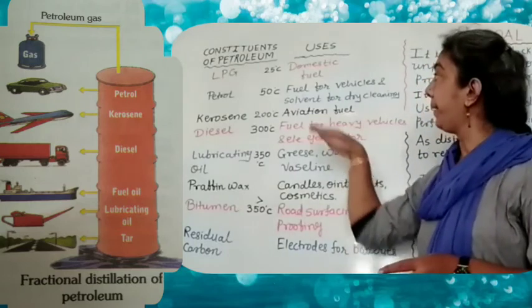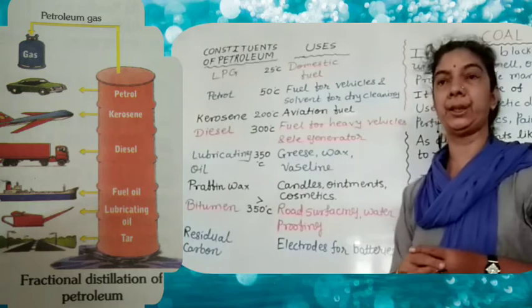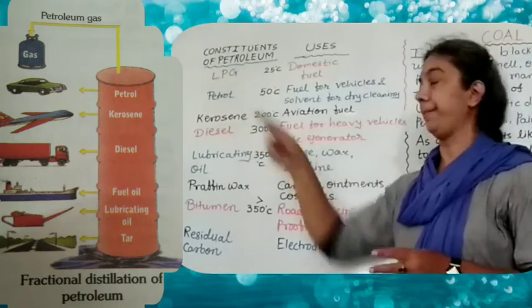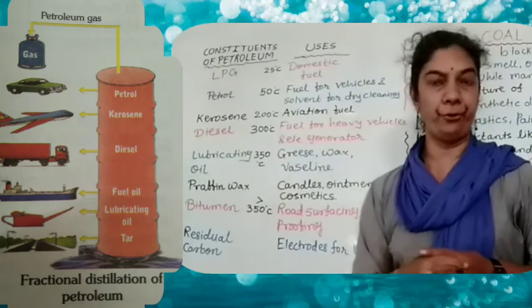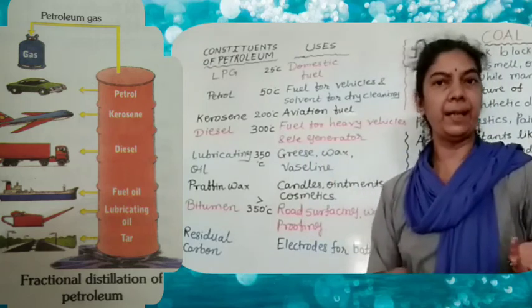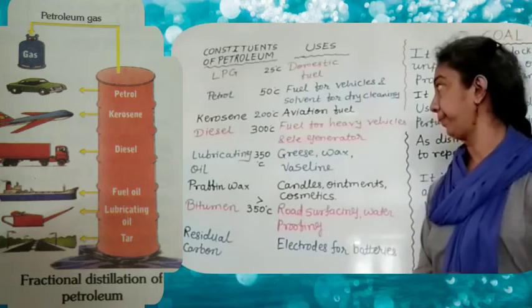At a higher temperature than this, at about 200 degrees Celsius, we are obtaining kerosene, which is used as aviation fuel, as well as for domestic purposes also.